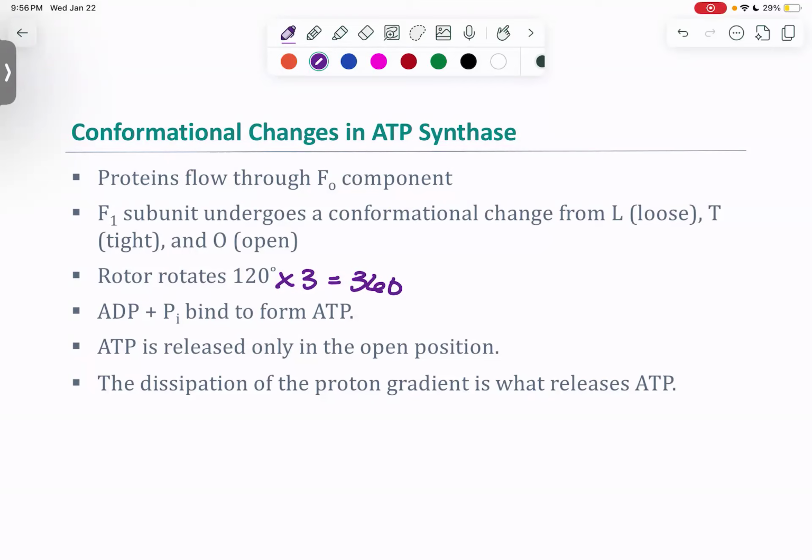So what is the initiator for creating ATP? It is the protons entering our ATP synthase complex. What releases the ATP is basically the loss of that proton gradient, or the dissipation of the proton gradient. And that's what releases our ATP.